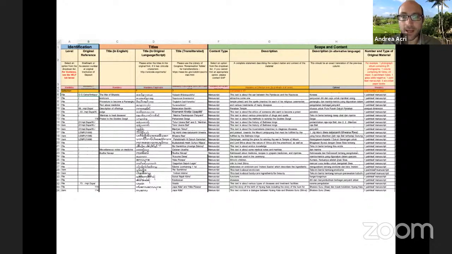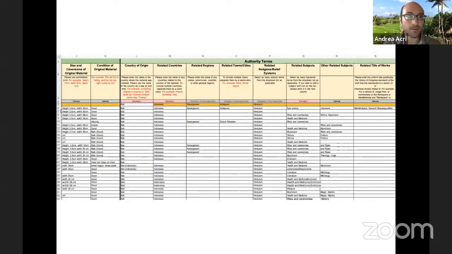Then there is a content type, of course, manuscript description in both English and Indonesian. Then the next fields: the size and dimensions, the condition of the material, and the country of origin. And this is already a problem, because they require the name of the country to be in the pre-modern period.